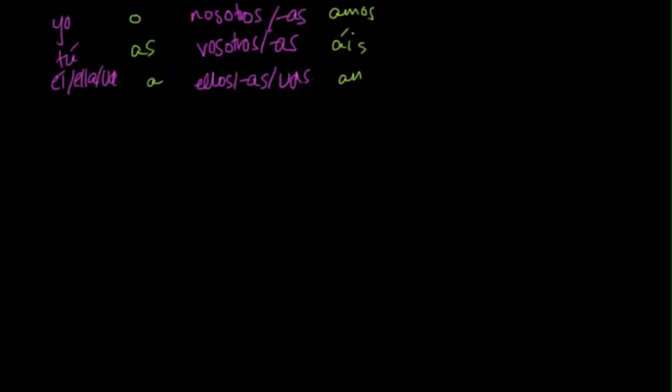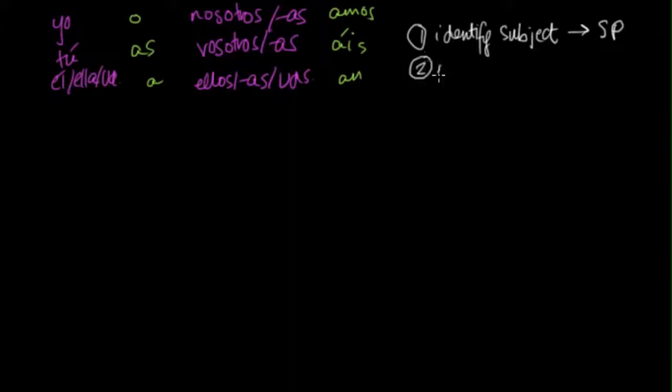Now let's look at some verbs that are not necessarily hablar and some subjects of those verbs that aren't necessarily subject pronouns. And there's a four-step process that I like to follow in conjugating these verbs. The first step is to identify the subject, and if that subject is not already a subject pronoun, you want to find the subject pronoun that would replace it.